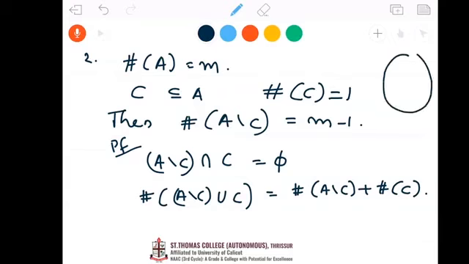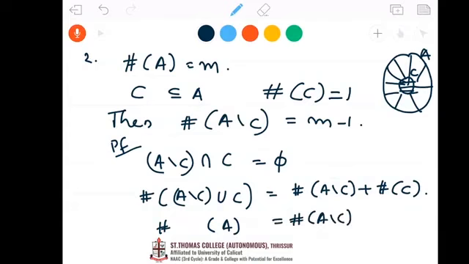This is A, this is C, A minus C is this set, union C. So you will get the entire A. So A minus C union C is nothing but A. So the number of elements in A is equal to the number of elements in A minus C plus the number of elements in C. We are given that the number of elements in A is m, and we don't know the number of elements in A minus C, and it is given that the number of elements in C is equal to 1.